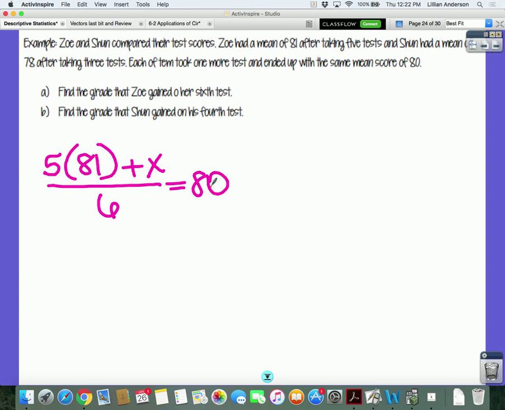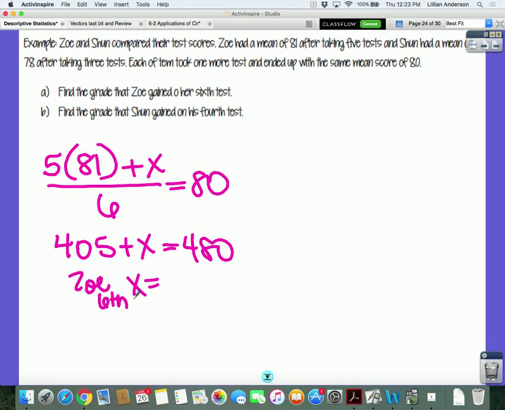So since she took 5 tests and the average was 81, you just multiply it there, add the 6th test, divide by 6, and solve this out. What's 6 times 80? 480. And what is 5 times 81? So if I subtract, that means Zoe on her 6th test got a 75.